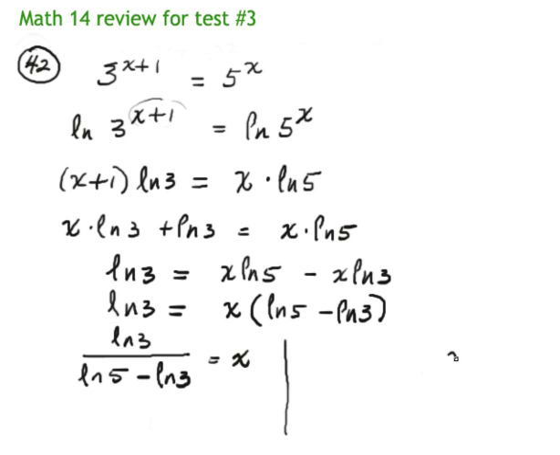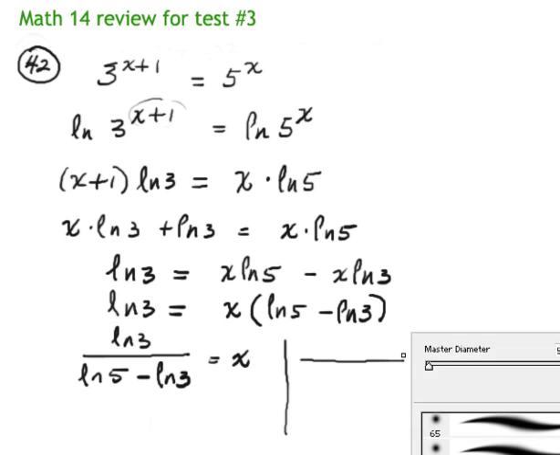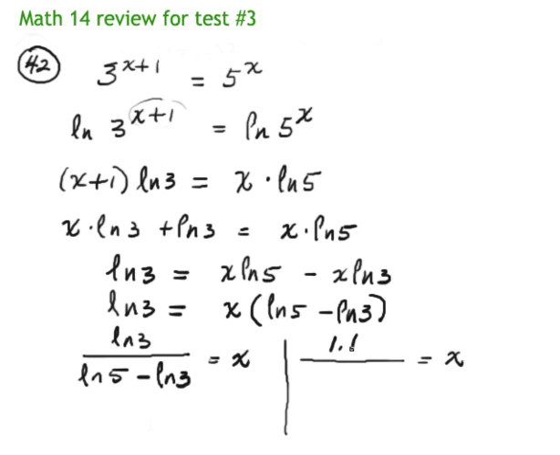Okay, so let's do that over here. With our calculator, we'll figure out that ln 3 is approximately 1.1. Okay, so I have ln 3 in the denominator as well. And let me fill in the ln 5 now.